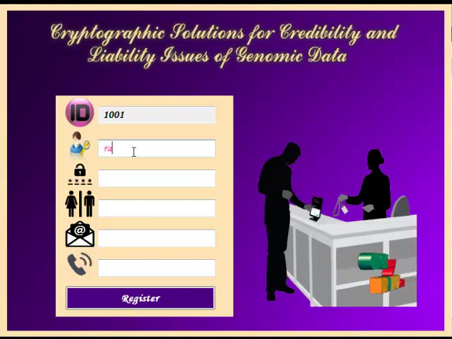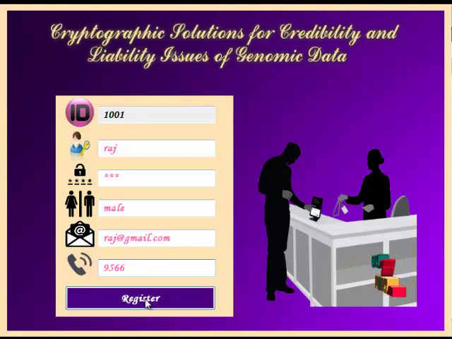For example, this is the username and this is the password. Here is the gender. This is the email. And here we can give the phone number.